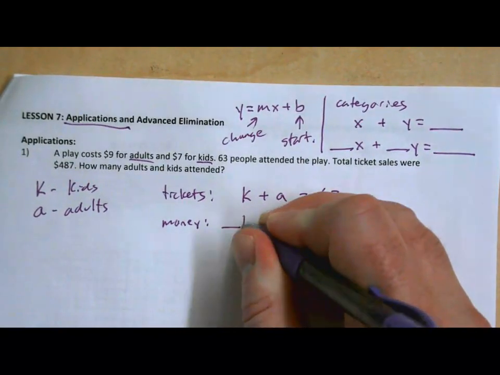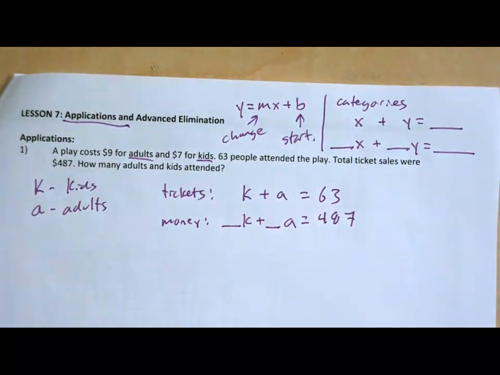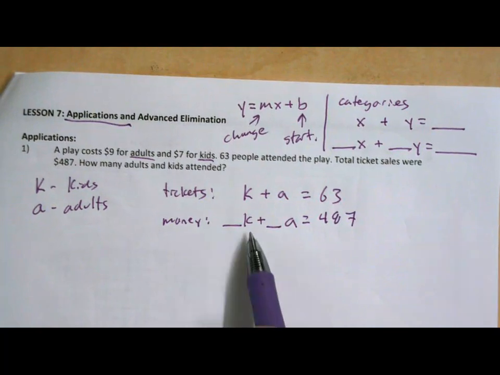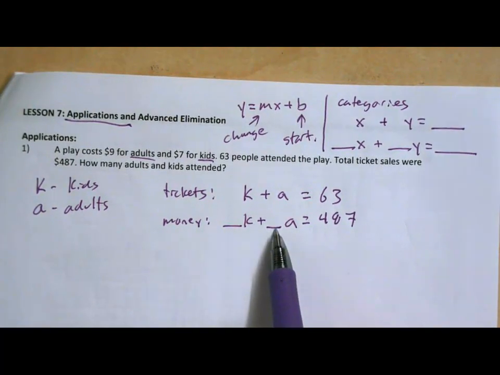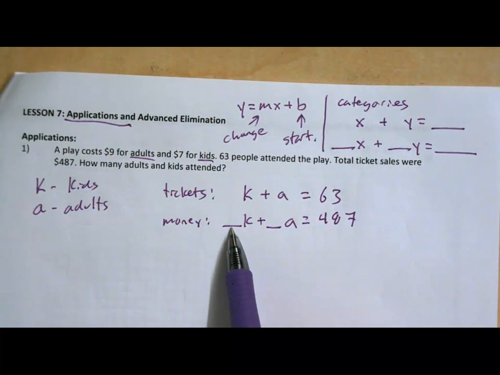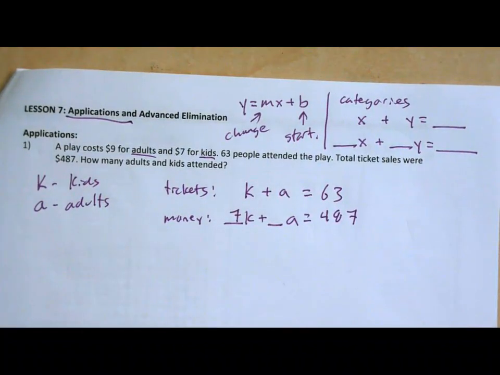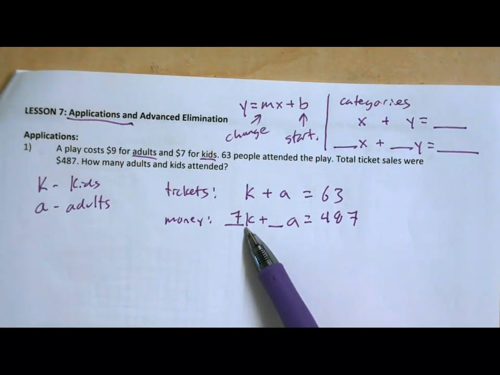See if you guys can figure out what my coefficients are going to be for K and A. What am I going to multiply by the number of kids, and what am I going to multiply by the number of adults? What do you think I'm going to multiply by the number of kids? 7, you think? 7 times the number of kids would give me the amount of money I made off of the kids, right?